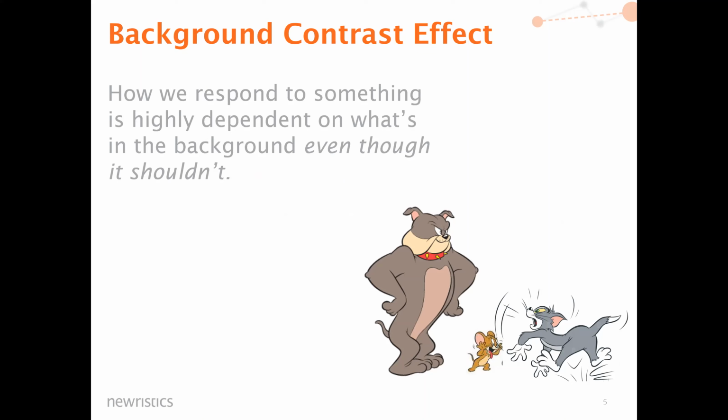Theoretically or rationally, if you're evaluating something, you should just evaluate it on the merits of that product, of that person, of that concept or idea, whatever you're looking at. What's in the background should rationally not affect your thinking at all. But it does, and sometimes it does so much that you can actually make even irrational decisions. So let's look at some examples of how background contrast effect affects decision making.